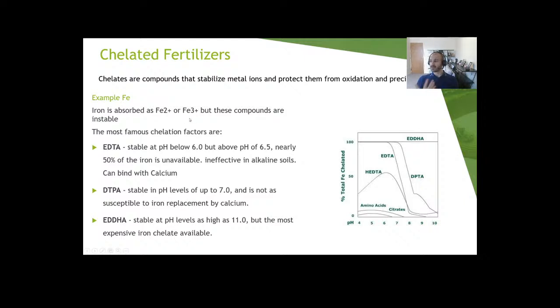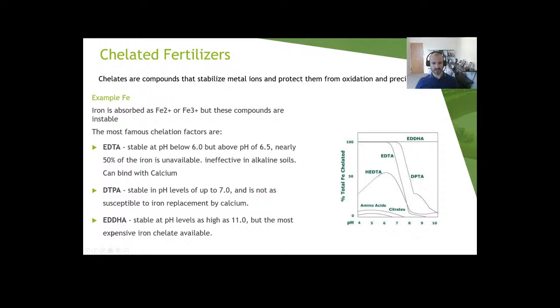But these ions are very unstable, so they can bind with other nutrients, and then they will not be available for the plants anymore. That's why there is this coating system, so the plant is able to absorb the whole molecule with the coating inside the roots. This is very delicate. Different chelation factors can be more expensive or cheaper, and can also have different effects according to the pH.